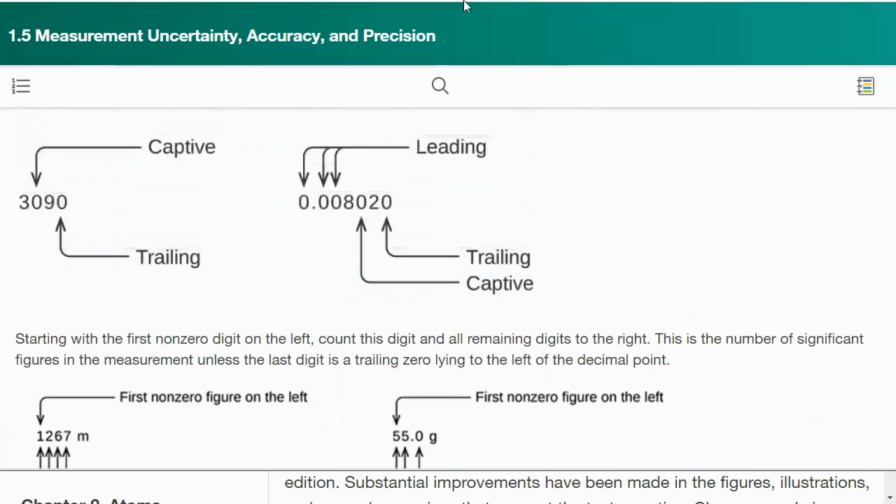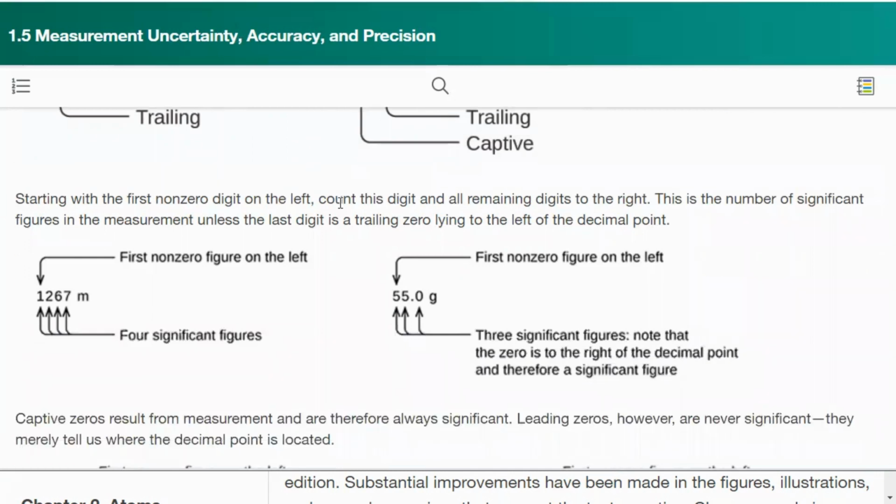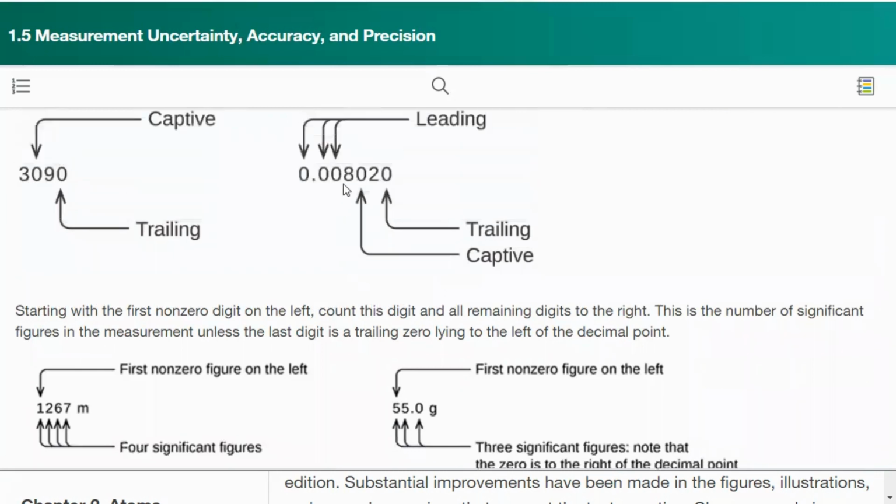Okay, so this is a leading zero, and so it's saying it's not significant. The captive zero that's caught in between 2 non-zero numbers is significant.